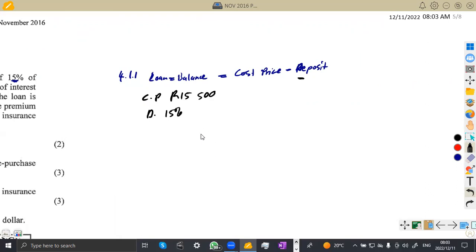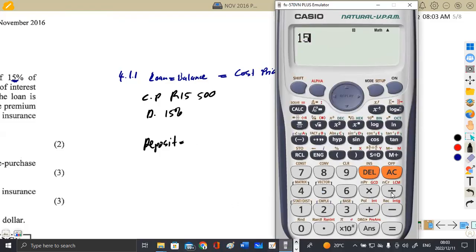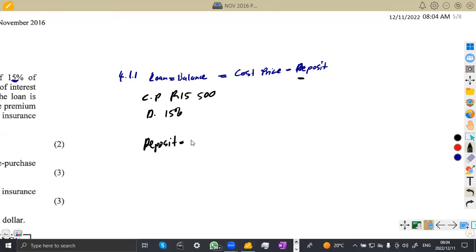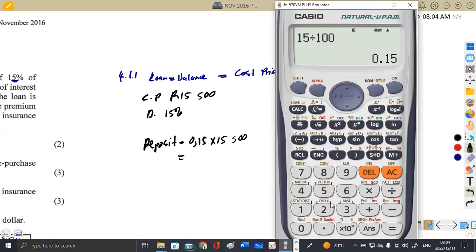To calculate this deposit, we calculate 15% of this amount, of which 15% is 15 over 100, that is 0.15. So it's going to be 0.15 times the cost price, because remember, the deposit is paid on the cost price. If we multiply this, what are you going to have?